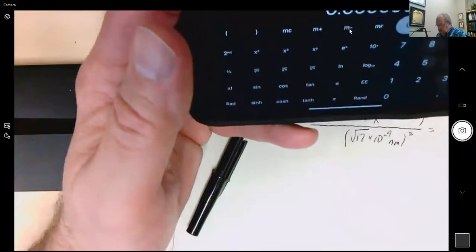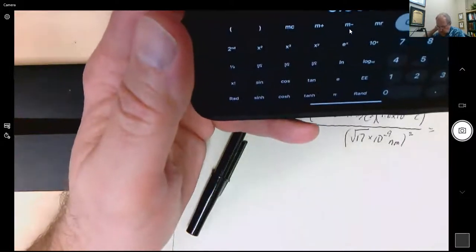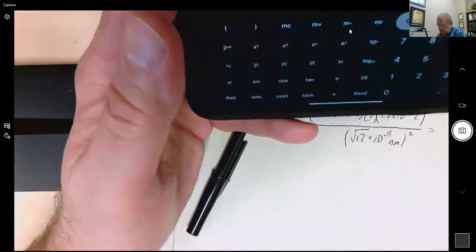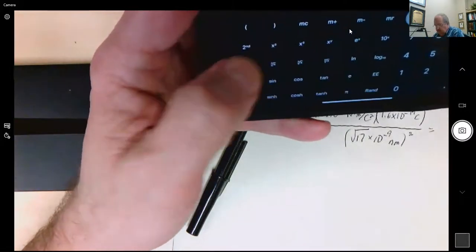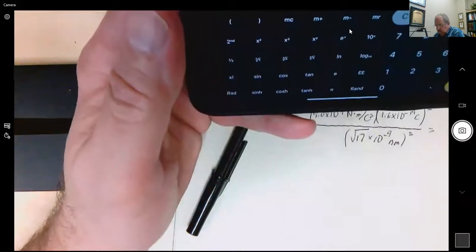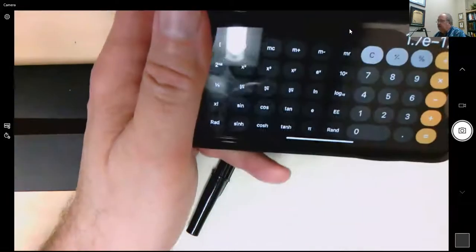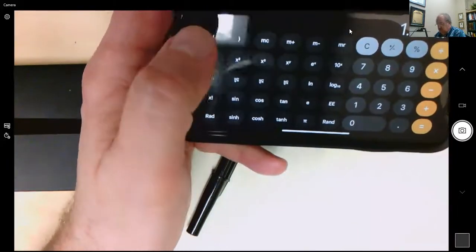Okay, and that gives me meters. Then I take that quantity squared, and that gives me 1.7 times 10 to the negative 17th.